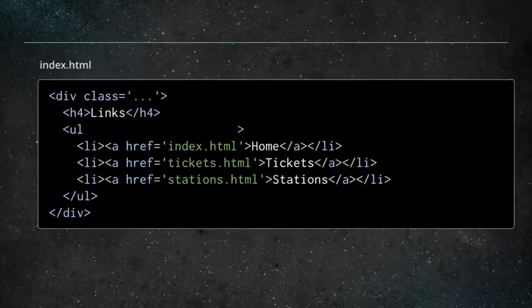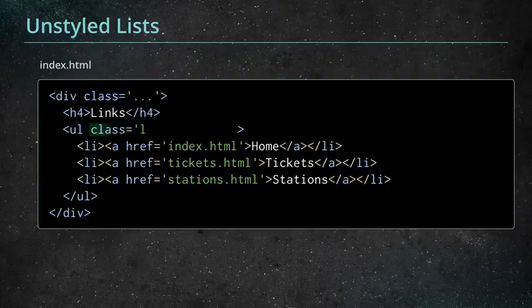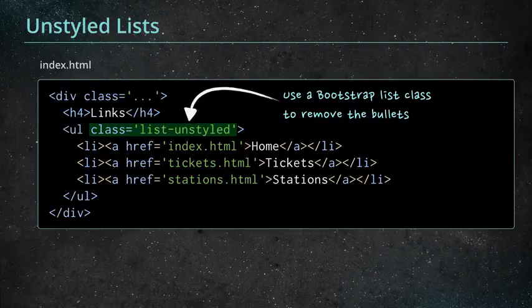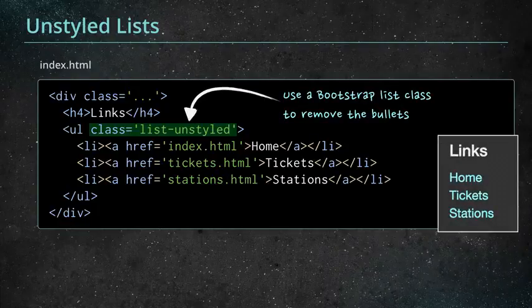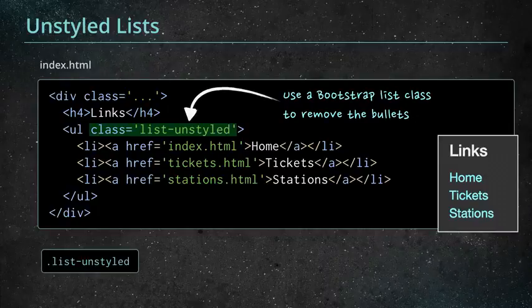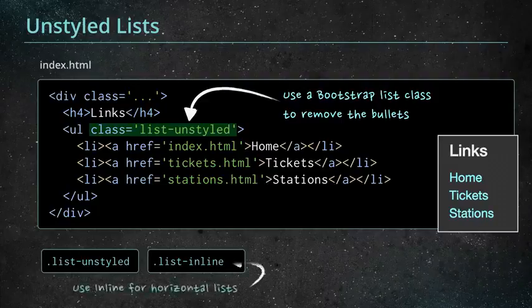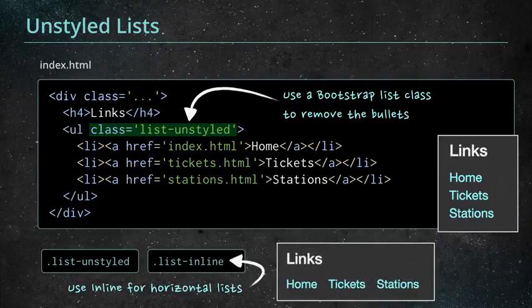To do that, we'll go ahead and add a class of list-unstyled to our UL element. This is a Bootstrap class that will not only remove those bullet icons that we don't need, it'll also get rid of those margins that were messing up our look. Bootstrap has another list class that's helpful called list-inline, which will do the same thing as list-unstyled, but also causes the LI elements to show up horizontally rather than vertically.